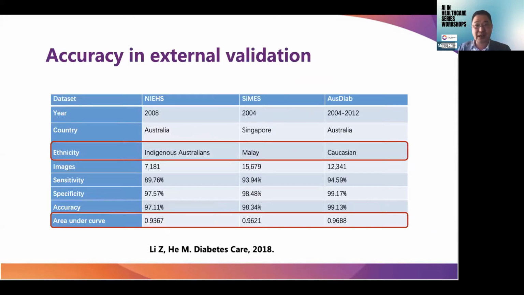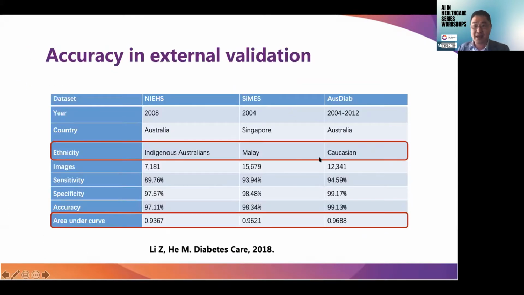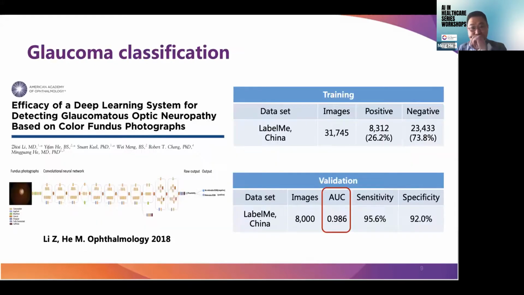It is not just good in the Chinese population; it also performed well in indigenous Australian, Malay and Caucasian eye fundus images. You can see the accuracy in the indigenous Australian population is not as good as in the Chinese, Malay and Caucasian populations, probably because of the special pigment in the fundus. Then we also worked on glaucoma classification, with another huge amount of labeling work on the training set.